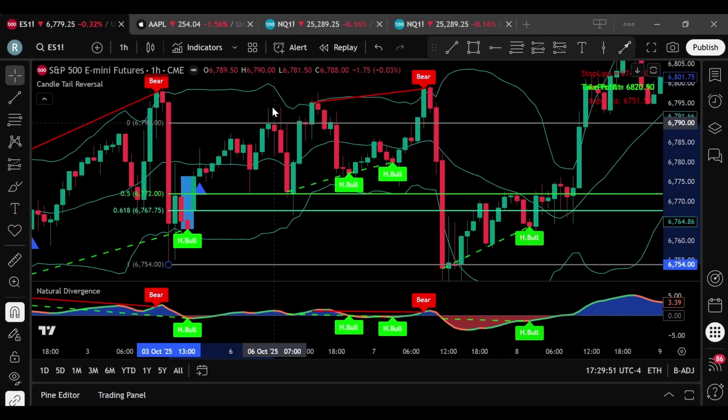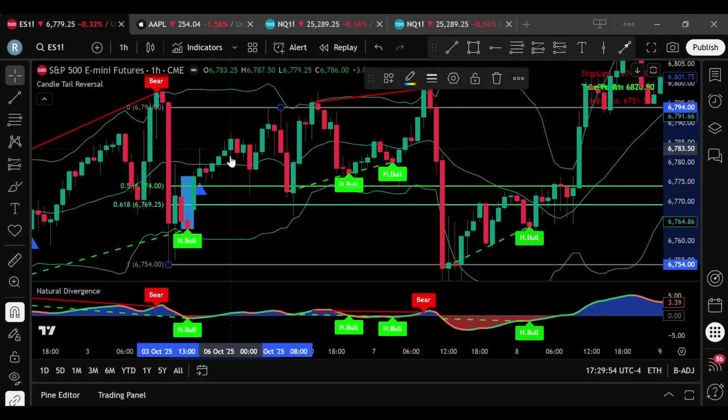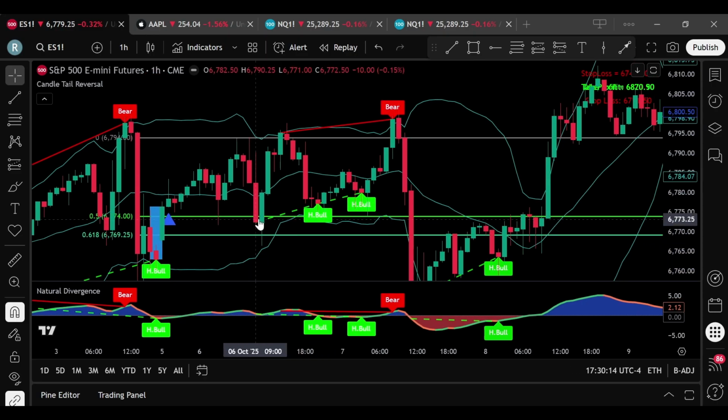And actually we can move this here. That is the highest. From this low to this high, it retraces back into the discount part of the Bollinger Bands and the discount zone of the current range, poking below the 50% mark and into the 61.8, and then a very strong move up, creating another new higher high.